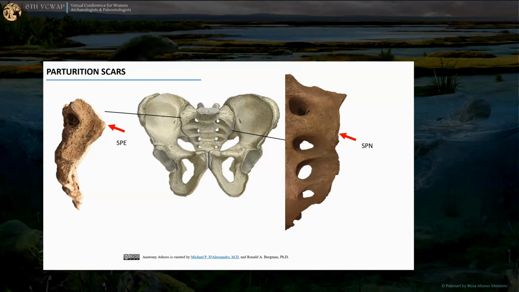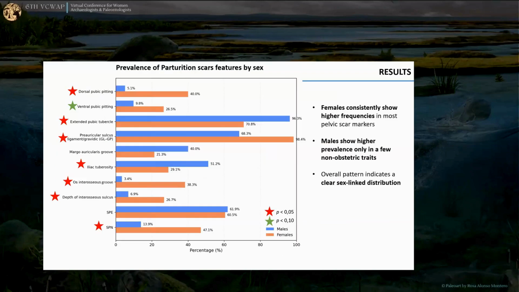Okay, the first result is the prevalence plot, which shows a consistent sex-linked pattern. Females consistently show higher frequency in most pelvic scar markers, for example dorsal and ventral pitting, preauricular sulcus, etc., reflecting a greater expression of parturition-related modeling.